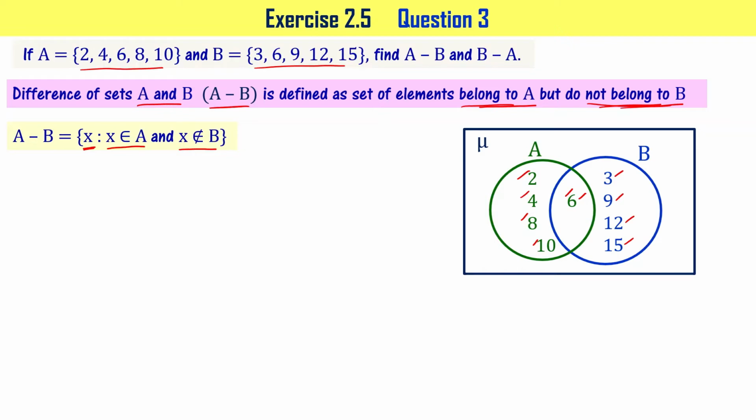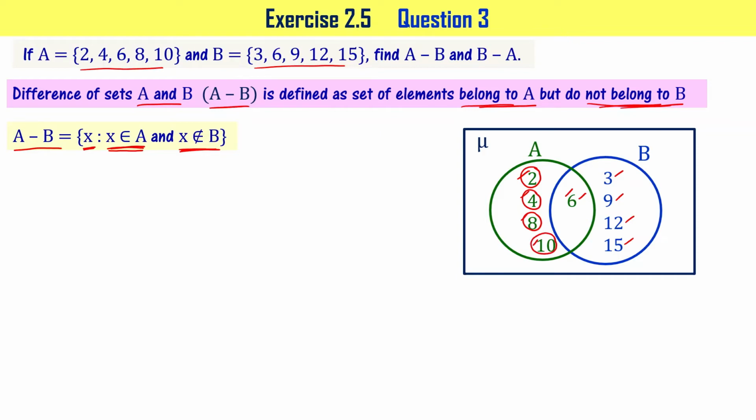Now, as per the A minus B definition, the set A minus B has to have only elements that belong to A but not to B. It means A minus B would have elements 2, 4, 8 and 10 but not 6.